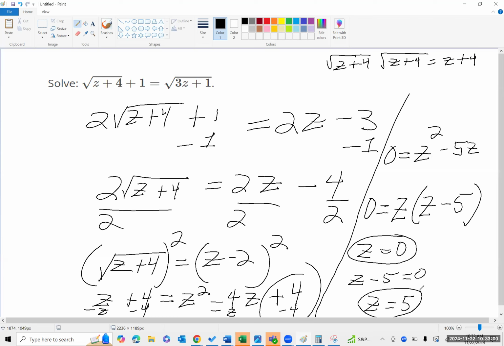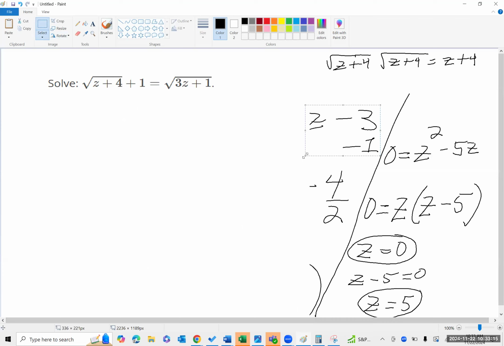The last thing to do is to check our work. And so I am gonna get rid of all of this because I'm assuming I followed all the steps correctly. But even when you follow the steps correctly, sometimes it's the case that one or none of them actually are valid solutions.